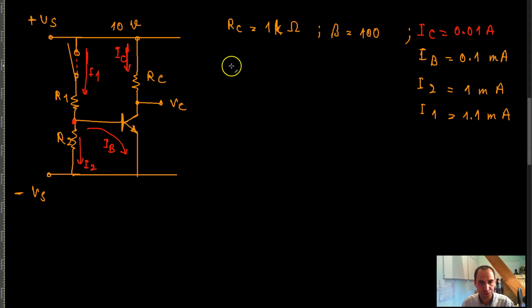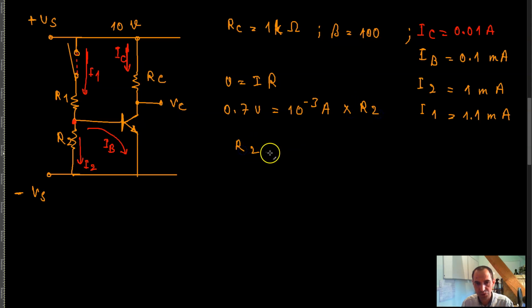To calculate the resistors, I apply, for example, Ohm's law to R2, V is equal to IR. The voltage across this resistor is 0.7 volts, and the current going through it is basically this I2, which is 10 raised to the power negative 3 amp, 1 milliamp, times R2.